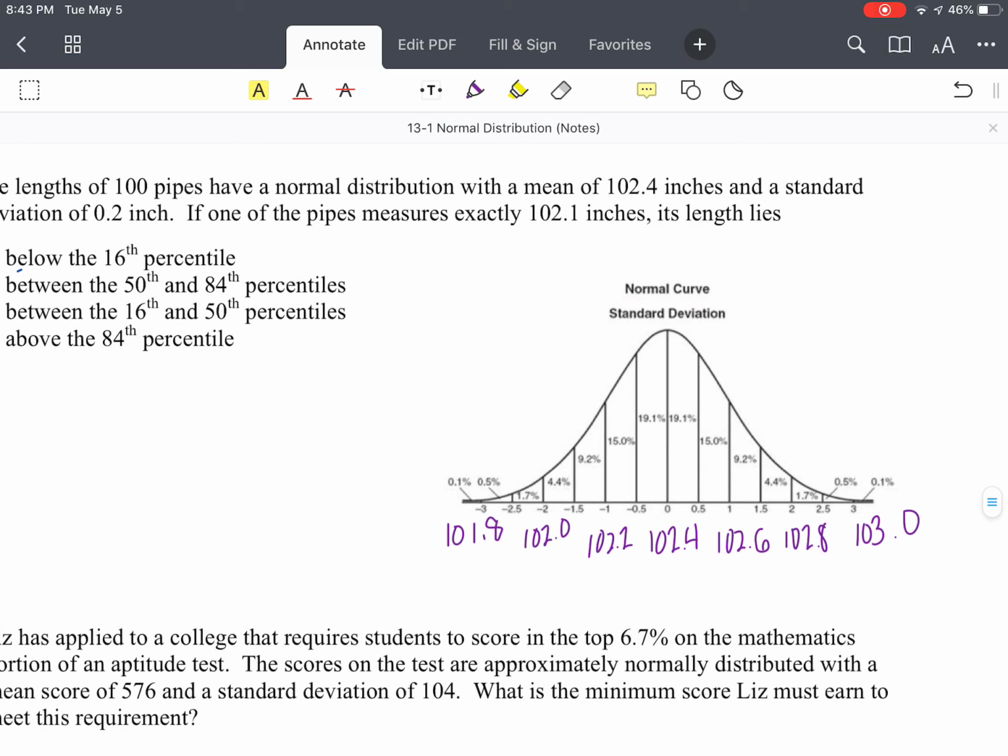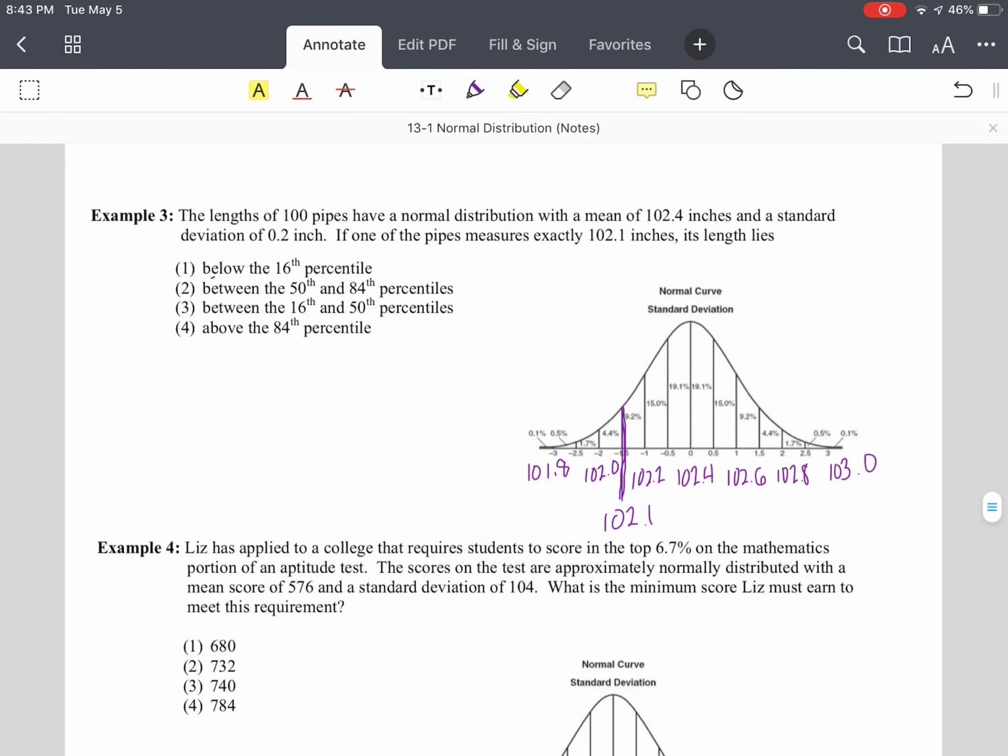All right, we want to know exactly 102.1. Okay, so it's not on the numbers that we wrote down, but we could see where it would fit. It would fit right here, right between the 102.2 and the 102.0. So 102.1. And then they're asking us for the percentile.